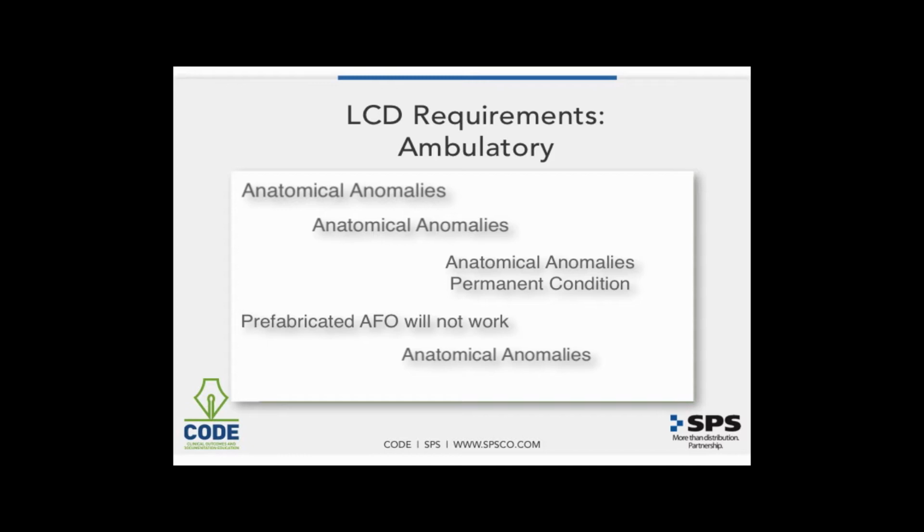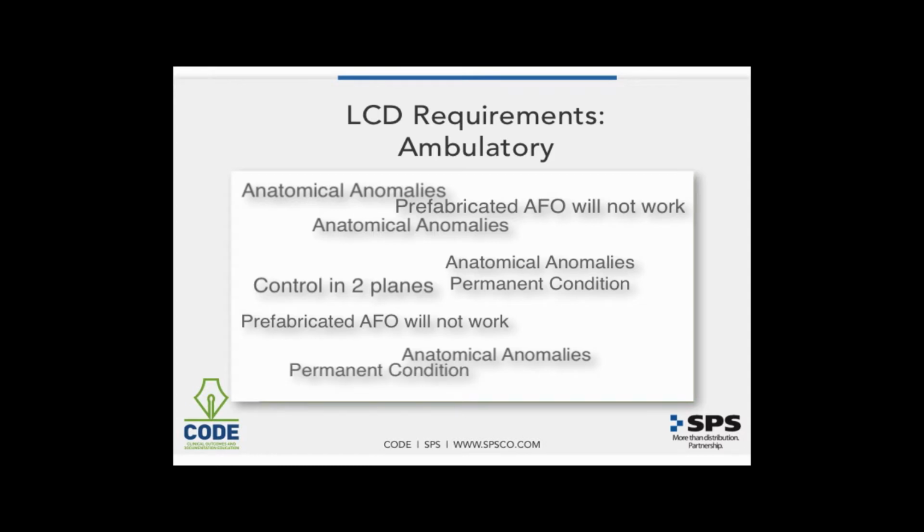Next entry. The plastic ankle foot orthosis is for ankle inversion, instability due to Charcot-Marie-Tooth. Off-the-shelf brace would not work and would be contraindicated because the patient has Charcot-Marie-Tooth, foot drop, cavus foot, and needs control in more than one plane. And this is a permanent progressive disease. For these reasons, custom AFOs are appropriate.